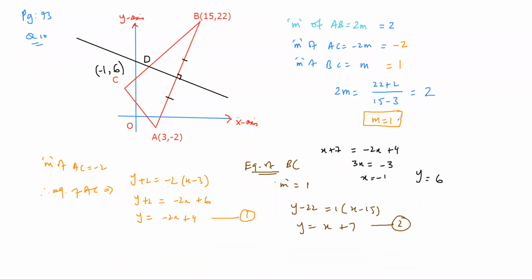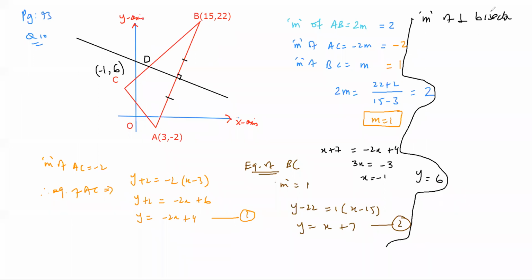Okay, let me find some place here to do that. So we already know the gradient of AB. So what is the gradient of this perpendicular bisector? AB's gradient is 2, so this will be minus half.